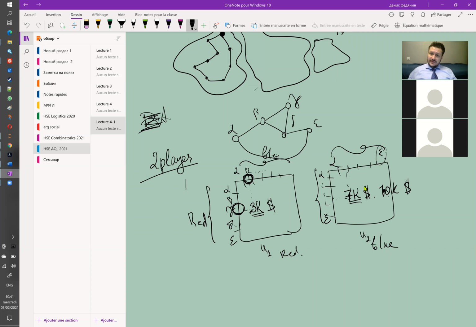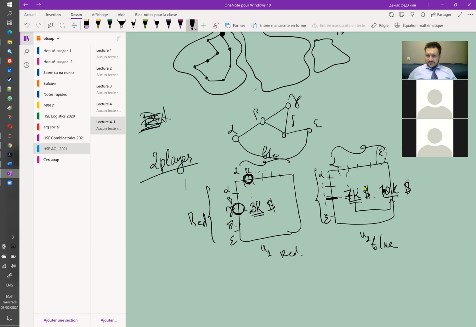So in this case, it's not an equilibrium, because the blue player wants to change the place of his shop from beta to epsilon, because for the given choice of the red player, the blue player will have a larger utility.